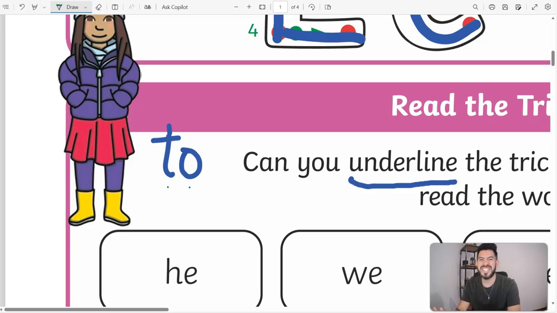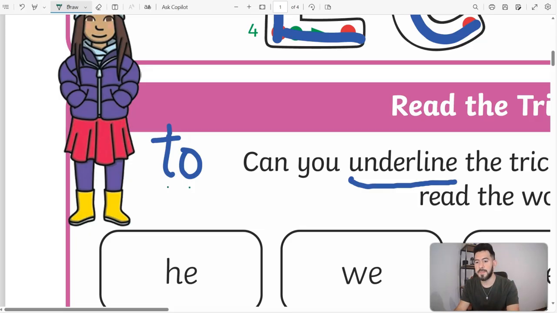That would be the typical spelling, t, o. But when we read it all together, in fact, it goes to. So, which one is the tricky part? Which one is the sound or the part that has a different pronunciation?